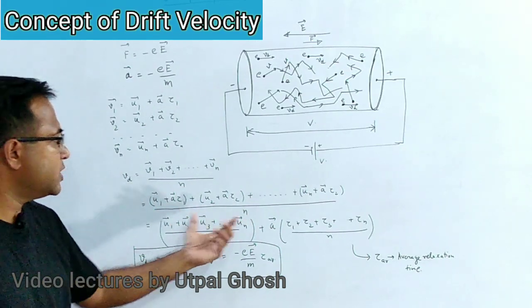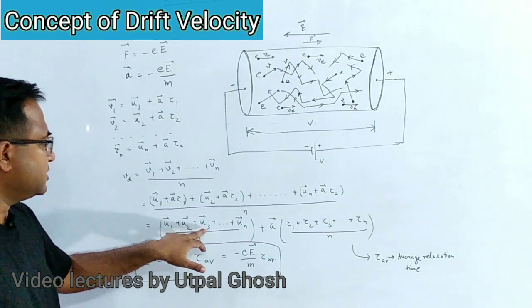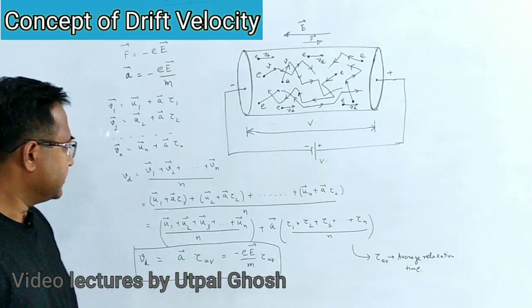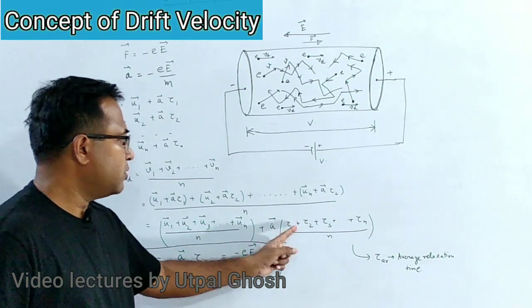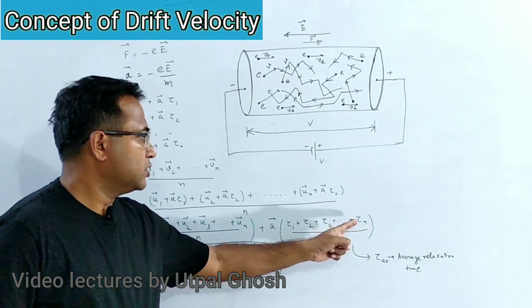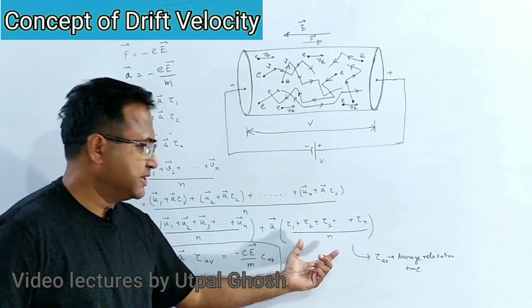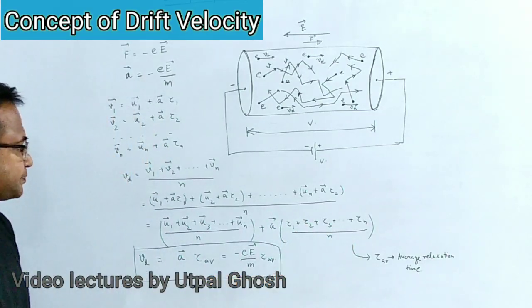And if we separate the u terms, we'll get u1 plus u2 plus u3 plus dot dot dot un divided by n, and a times tau 1 plus tau 2 plus tau 3 dot dot dot tau n by n. So this term is called average relaxation time. The average of all relaxation times is called the average relaxation time.